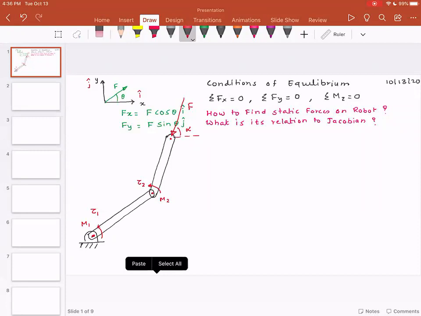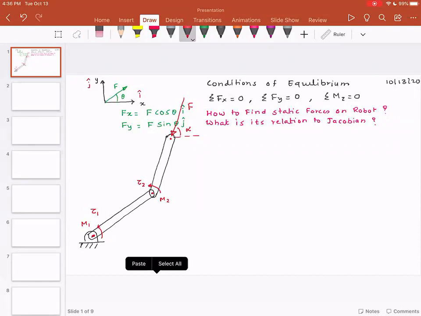And the application could be simple, that we want this robot to pick and place, or we want this robot to lift a weight, or we want this robot to grab something from point A and then take that object to point B, or we want this robot maybe just to hold something for a long period of time.